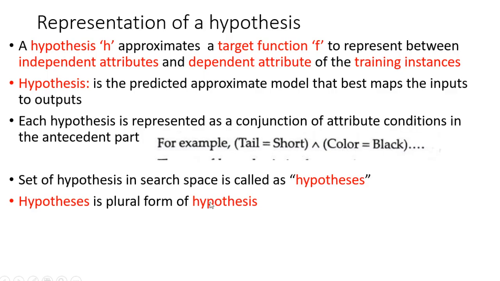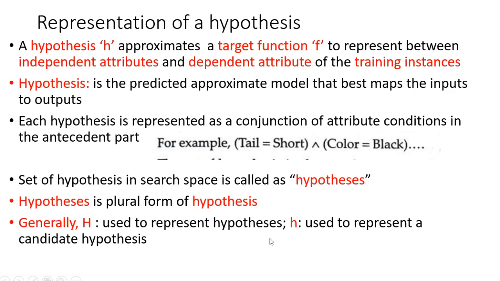Hypothesis is one and the plural form is hypotheses. So note the spellings. Generally we'll be using capital H to represent the plural form, and small h is used to represent the singular form of the candidate hypothesis.